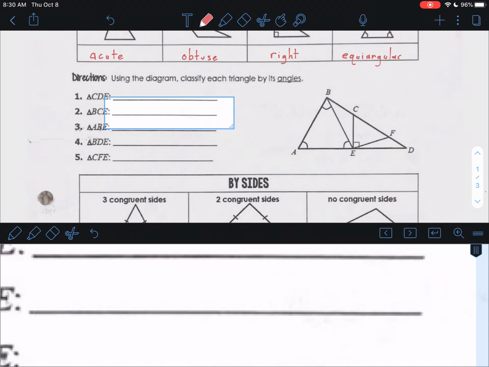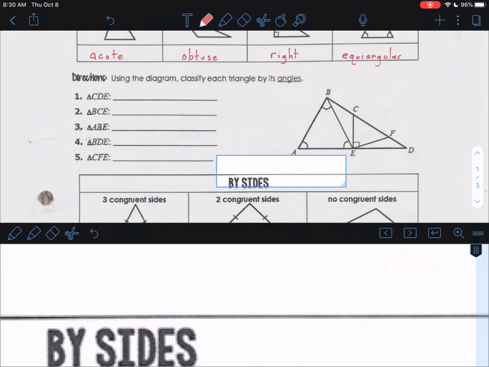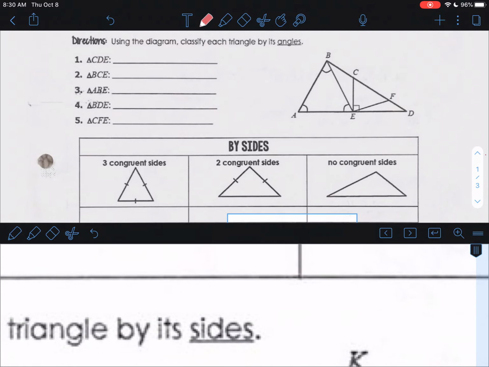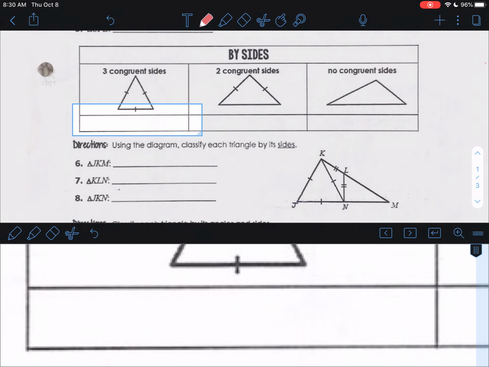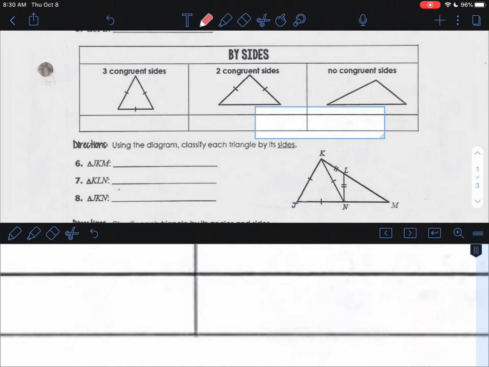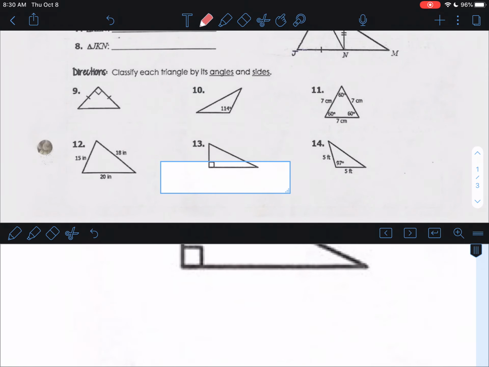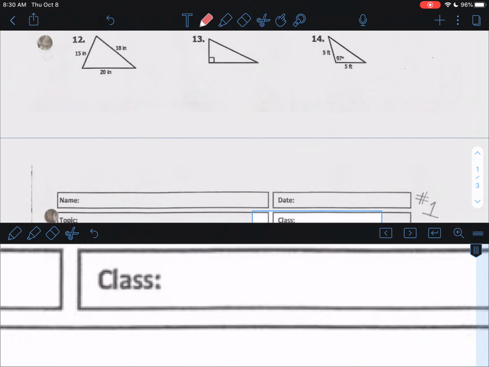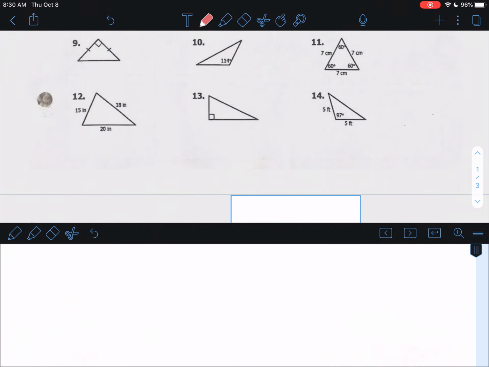On this, you just need to classify the given triangles by its angles. And then you're going to do the same thing with the sides. Y'all can fill in these blanks here. You will be doing the same sort of classification for problems 9 through 14.